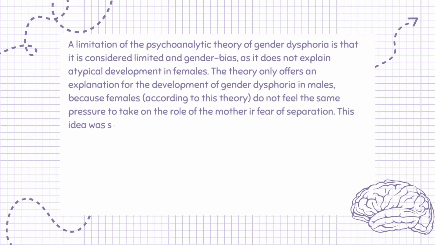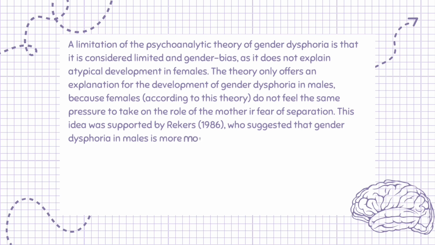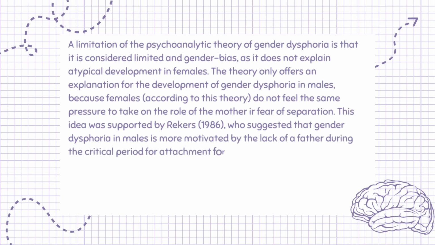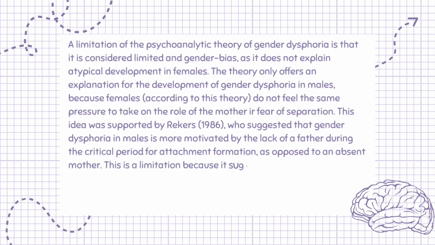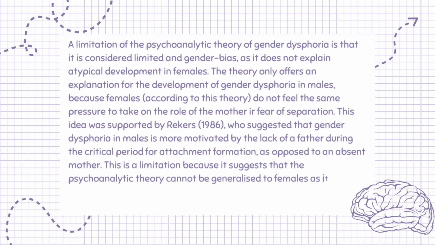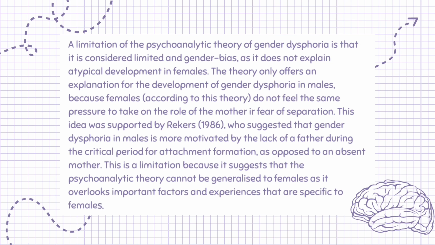This idea was supported by Rekers, 1986, who suggested that gender dysphoria in males is more motivated by the lack of a father during the critical period for attachment formation, as opposed to an absent mother. This is a limitation because it suggests that the psychoanalytic theory cannot be generalized to females as it overlooks important factors and experiences that are specific to females.